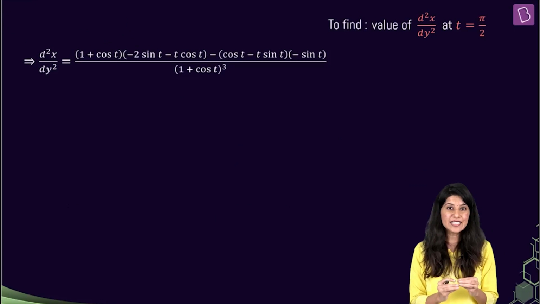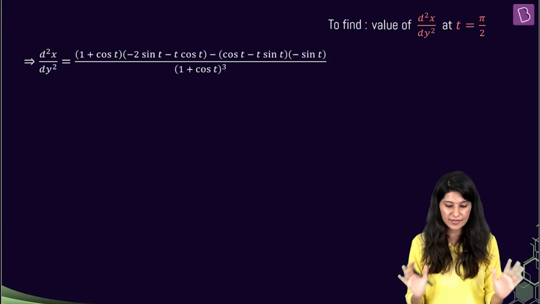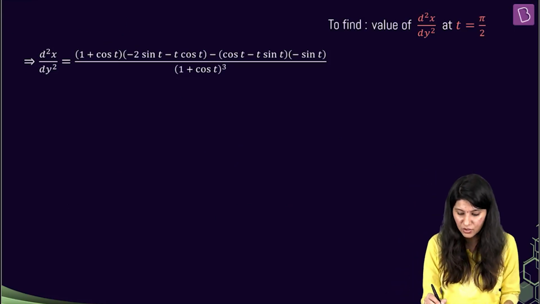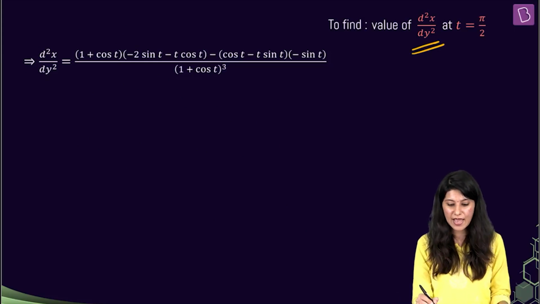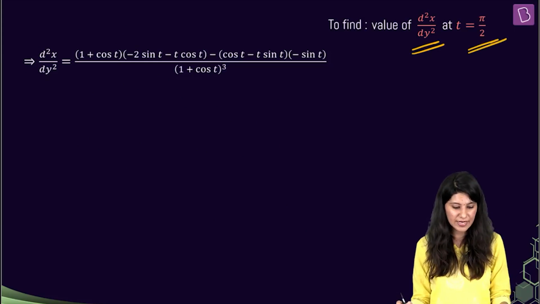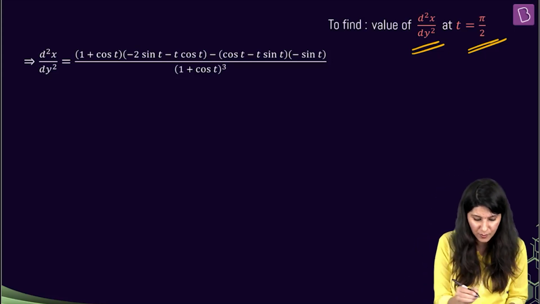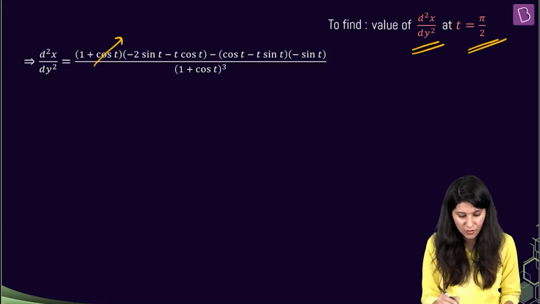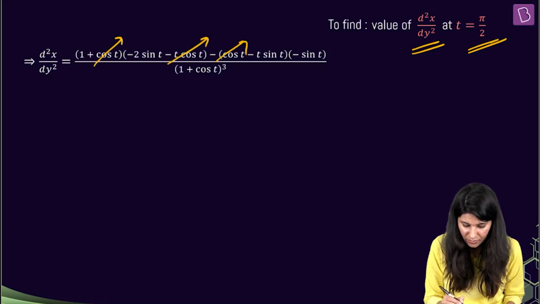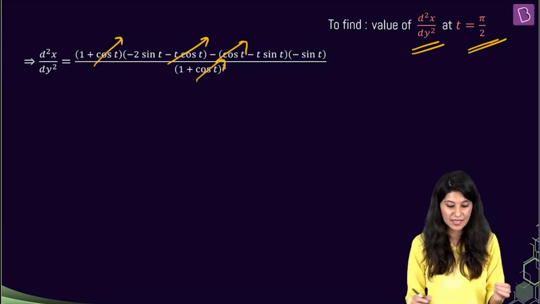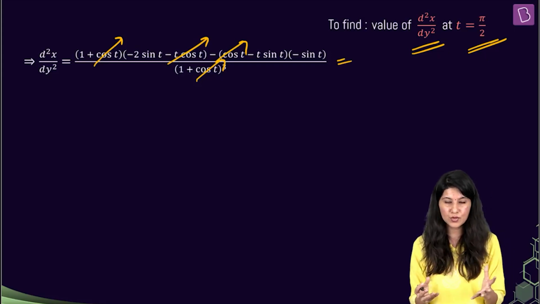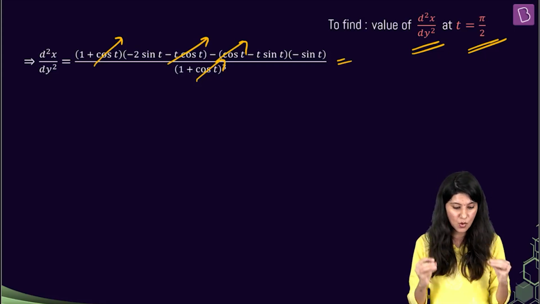Now, finally, if you solve it as much as possible, you get this. But you have to figure out d2y by dx square at t equal to pi by 2. Now you just need to put t equal to pi by 2. No need to simplify this further, right? If you put t equal to pi by 2, cos pi by 2 is 0. See, the expression has boiled down to a very small expression.